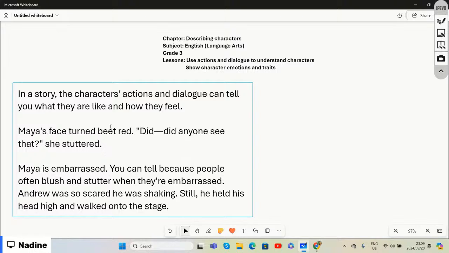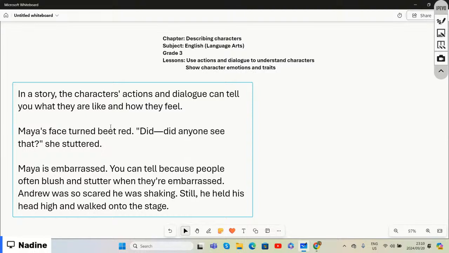Or if the character constantly cries, or is sad or emotional, that is the character's emotion, right? So with each character, there's an emotion that is put with how we describe each of the characters.